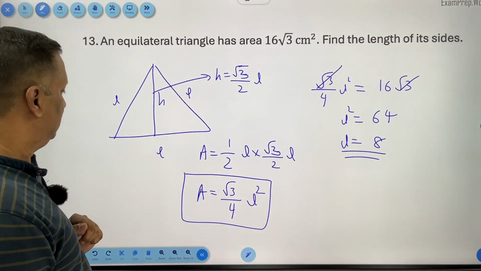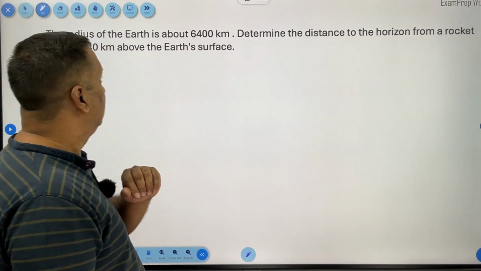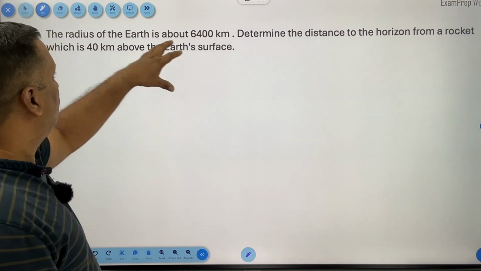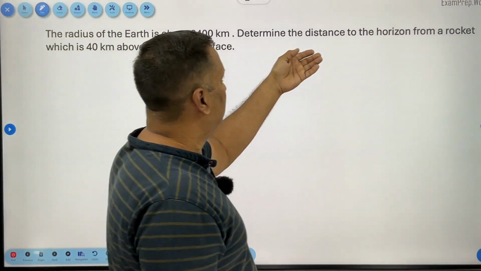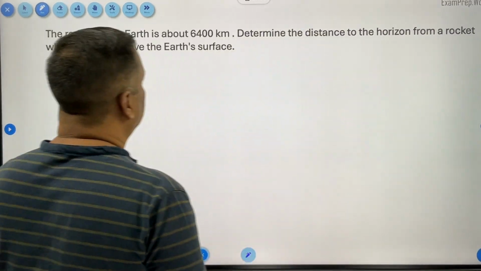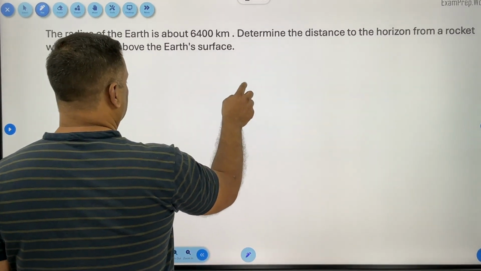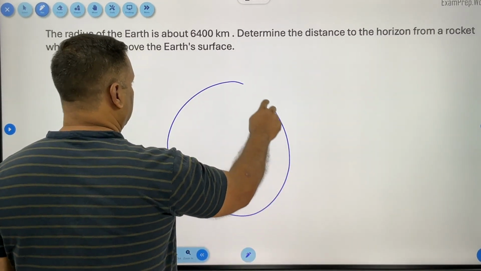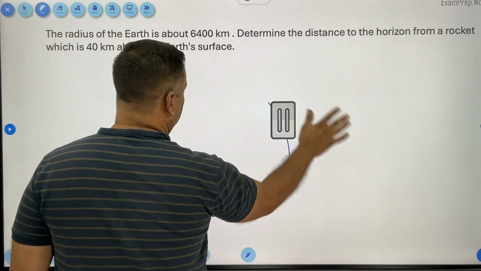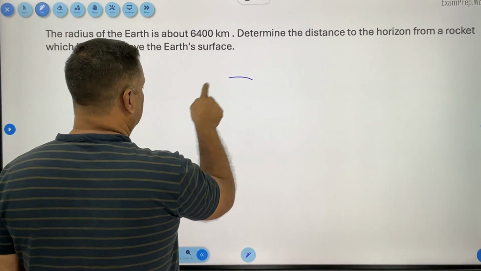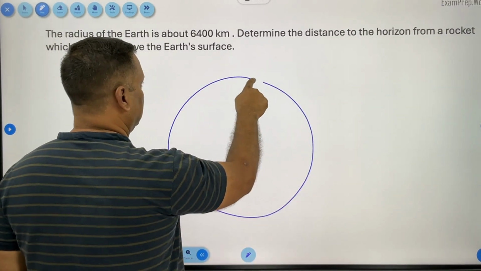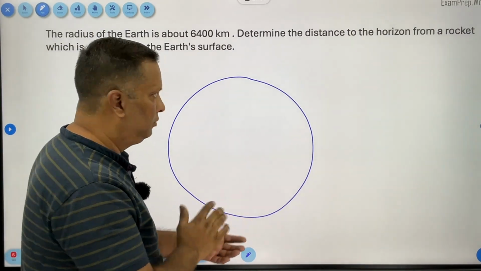Fine. So let's see what is next. The radius of Earth is about 6,400 kilometers. Determine the distance to horizon from a rocket which is 40 kilometers above the Earth's surface. My circle was not that good. Okay, this is our Earth.